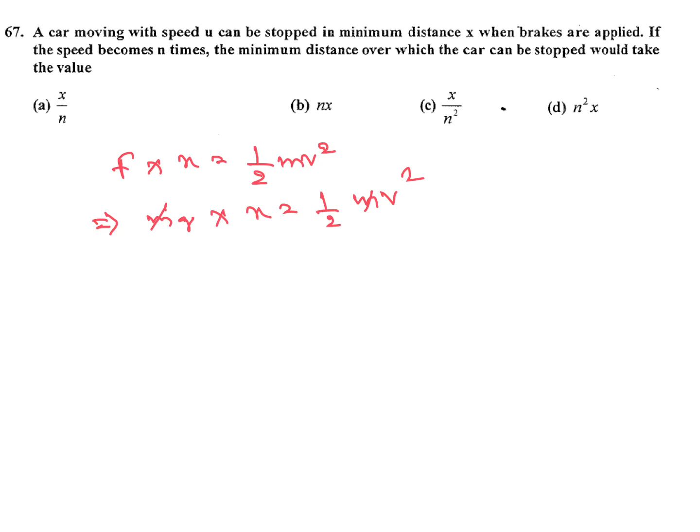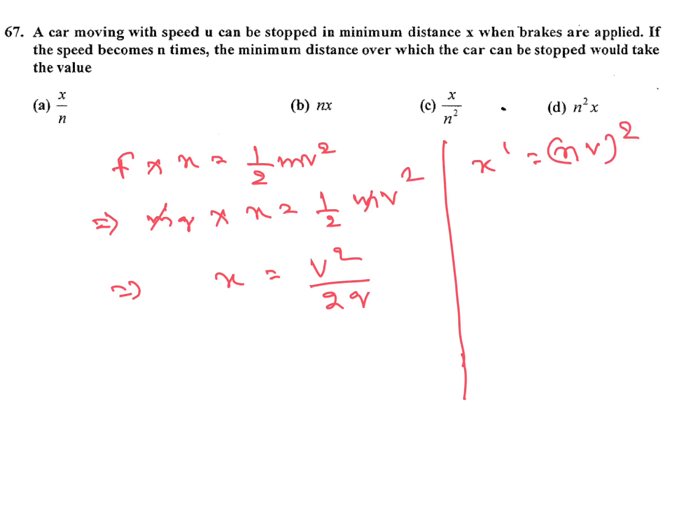Cancel m. Then x equals v square by 2g. So in the second case, x dash, speed is n times multiplied, so n v square by 2g, whole square.